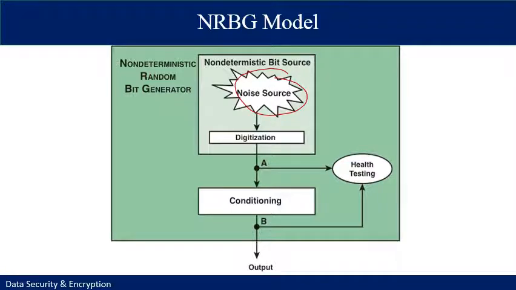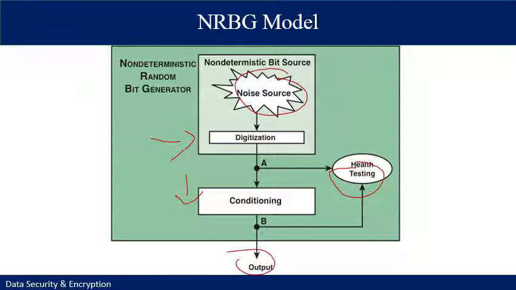So this is digitized to produce a true or non-deterministic source of input. This bit source then passes through a conditioning module to mitigate the bias or maximize the entropy. This figure also shows the health testing module and an output.